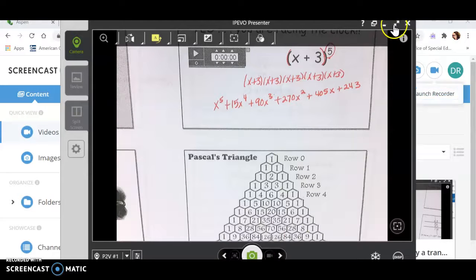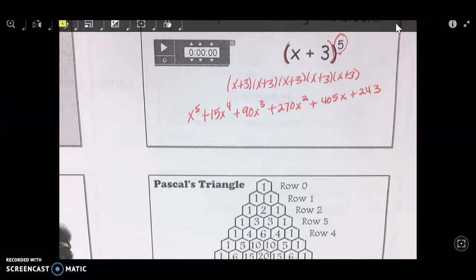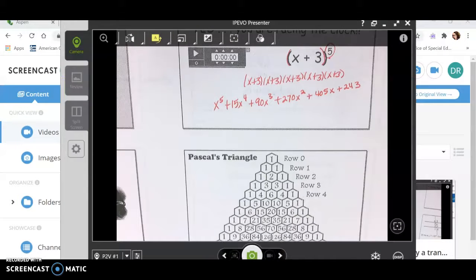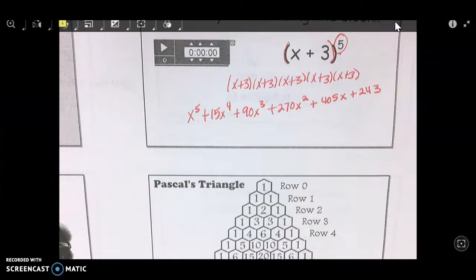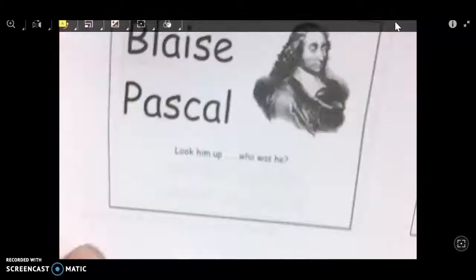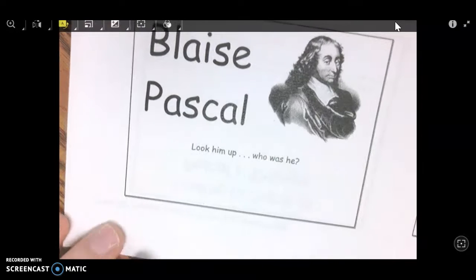So what we're going to do today is going to help you do these problems without having to do all of that work. Kind of a shortcut, if you will. So this guy, Blaise Pascal, came up with this triangle.